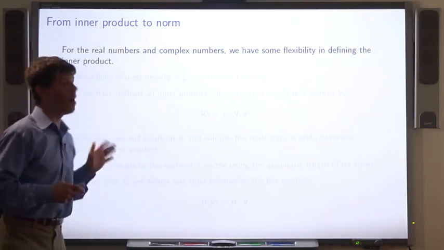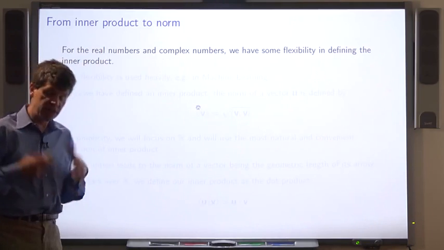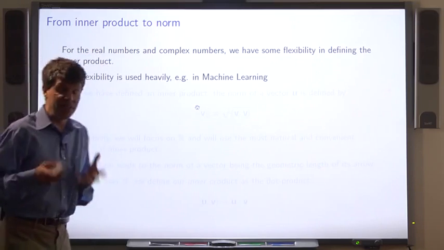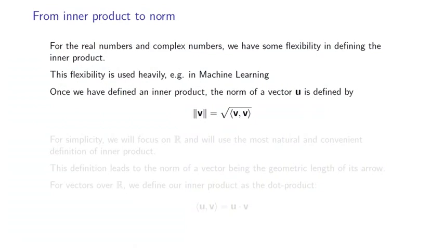Now, for the real and complex numbers, we can define an inner product. In fact, there is some flexibility in how we define the inner product, and that flexibility is very useful in applications. Once we've defined an inner product, we get a norm. The norm of a vector is the square root of the inner product of the vector with itself.